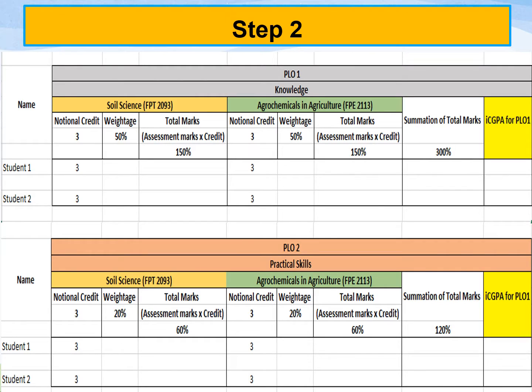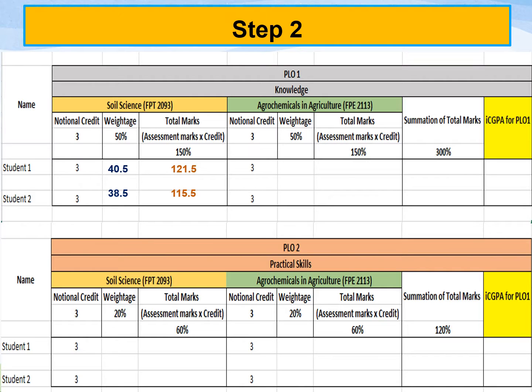Now, let's proceed to step number 2. In PLO number 1, under the soil science subject with a weightage of 50%, student number 1 obtained 40.5%, while student number 2 only obtained 38.5%. So, student number 1 has a total marks of 121.5%, while student number 2 has 115.5%.